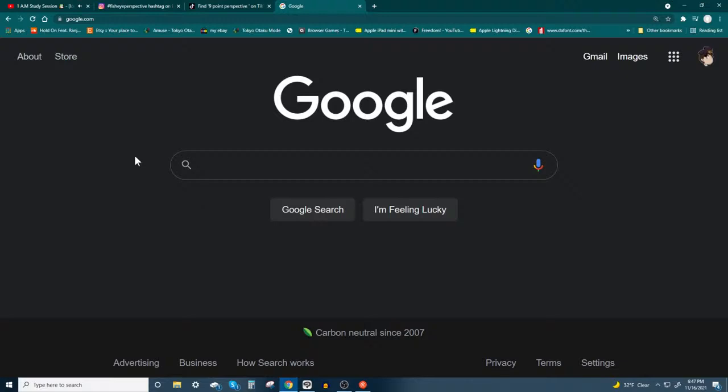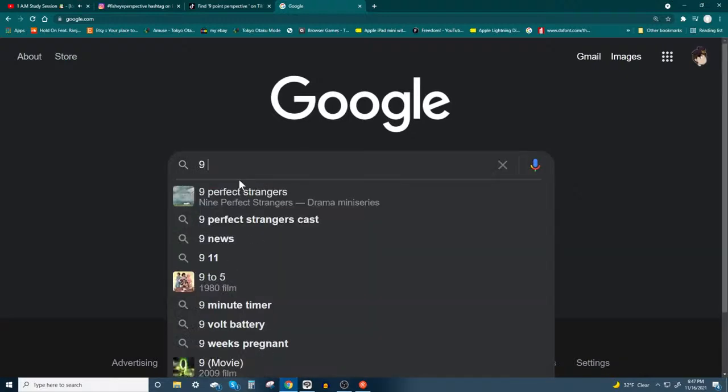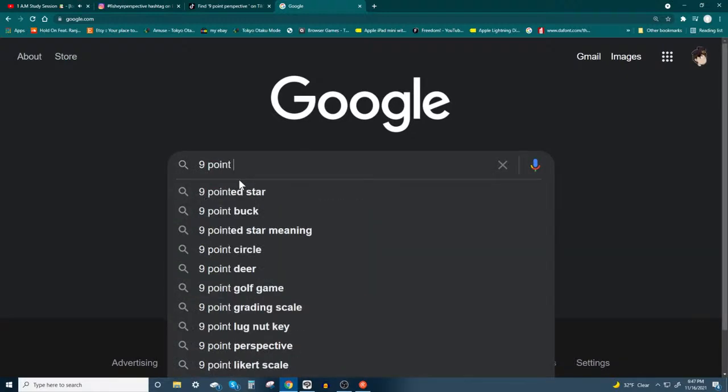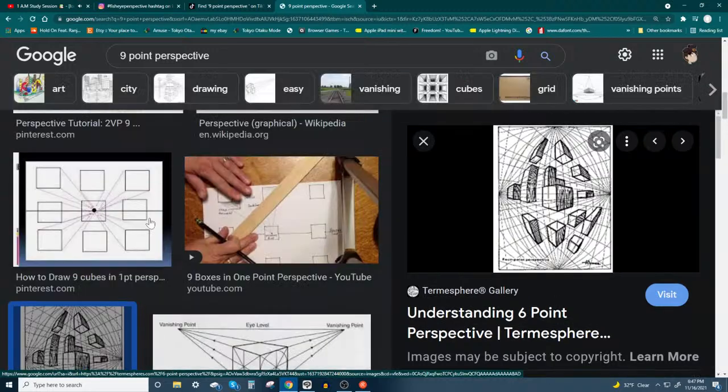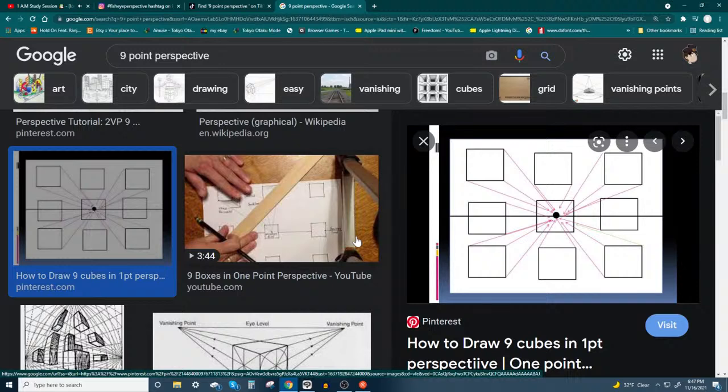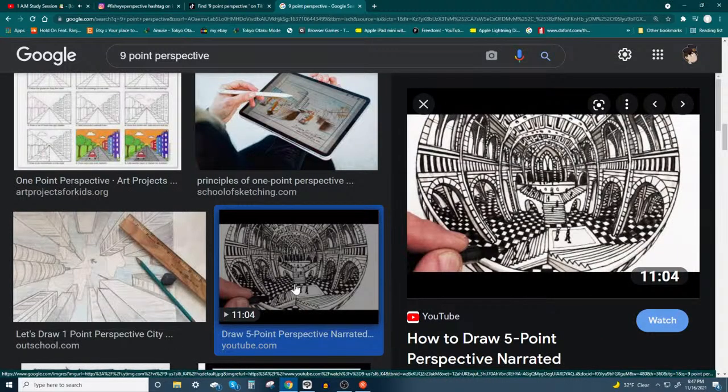Let me see. 9-point perspective. Yeah, it's like a crazy distortion. This is what 9-point perspective looks like. It's insane. And this is 2-point. 9-point perspective is like, where is it? I think it's even worse than the fisheye one, because there's more going on than usual. Hold on.